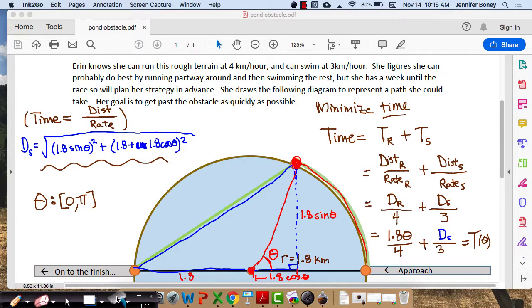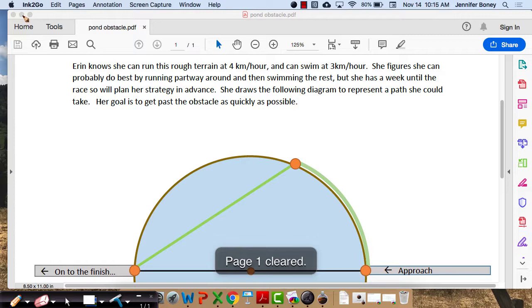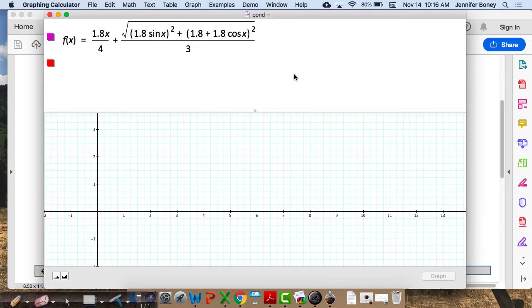So I'm going to clear this off so that it doesn't show up elsewhere. Here we go. So here's our expression that we had, only I just used x instead of trying to type in a theta since it's easier to type. But if I want to know what this function looks like between 0 and pi, then I can just say, okay, well, this is a function, this is my time.